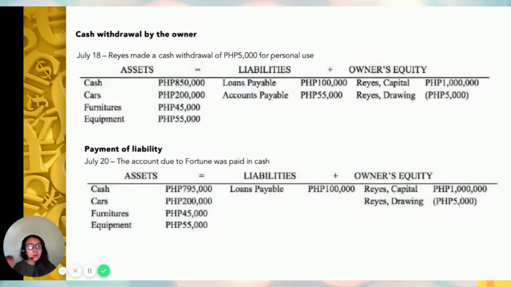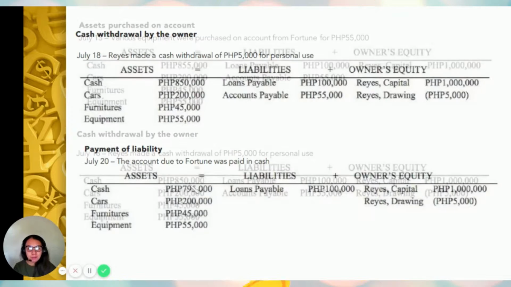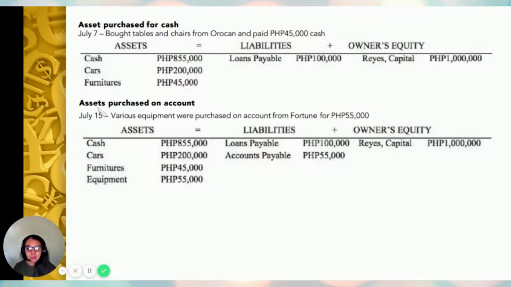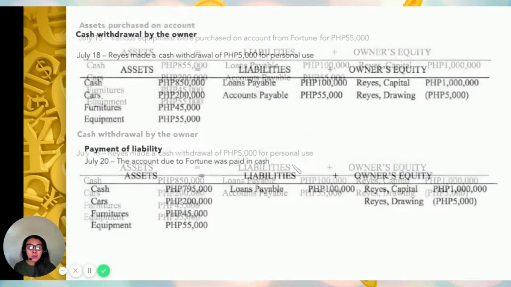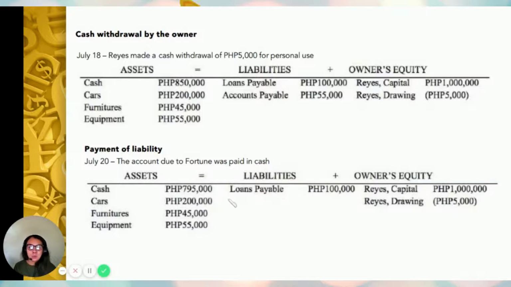Before, on July 15th, we had accounts payable of 55,000. But now, we have paid for it, so we don't have accounts payable anymore. That means the liabilities and owner's equity side is now less by 55,000.